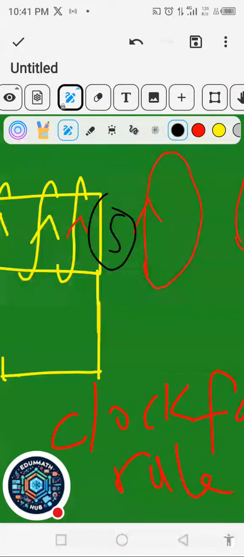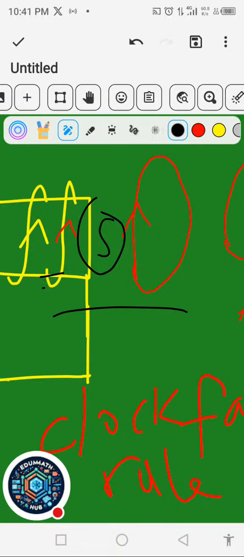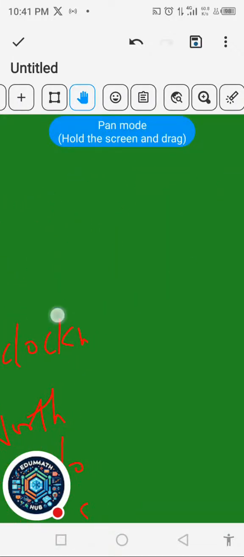Then the next one you want to know is that soft iron is used for temporary magnets. Temporary magnets and permanent magnets are actually different.